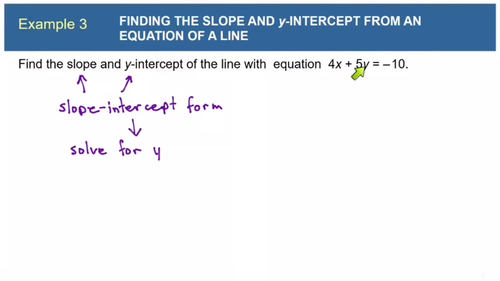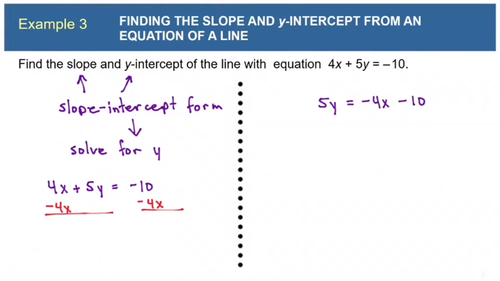So let's go ahead and do that to this equation. We'll take 4x plus 5y equals negative 10. We're trying to solve for y, so we're going to move the 4x to the right side. That's going to give us 5y equals negative 4x minus 10.